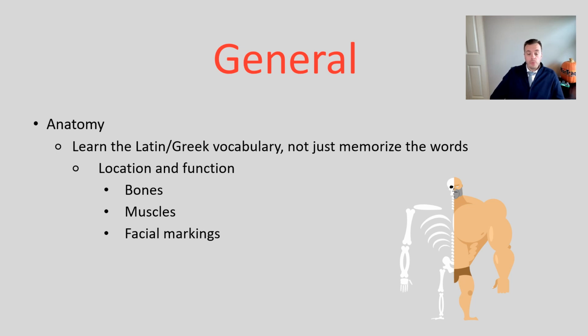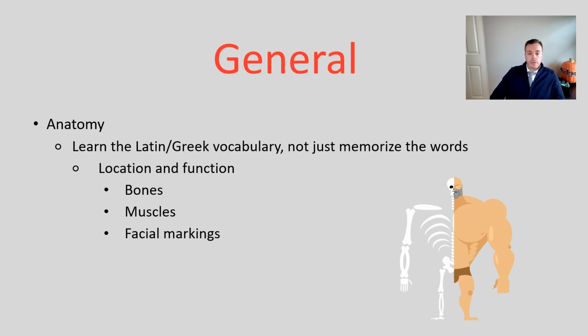Okay, so first of all, a large portion of what you learn in restorative art relies on your understanding of anatomy, right? And I'm not going to sit here and go through every single one of your bones, muscles, skin markings, or any of that stuff because that's what your textbook is for and your past lessons and your notes.